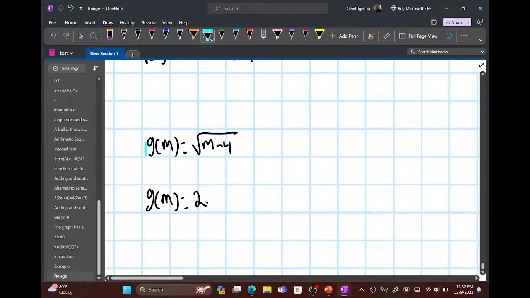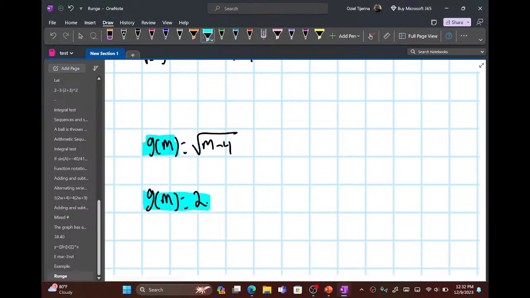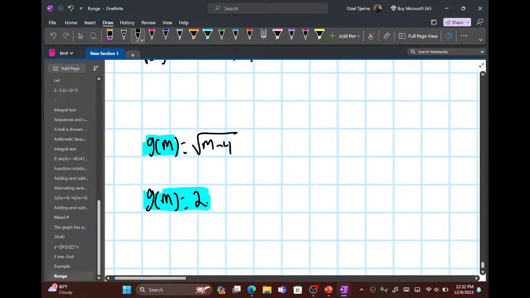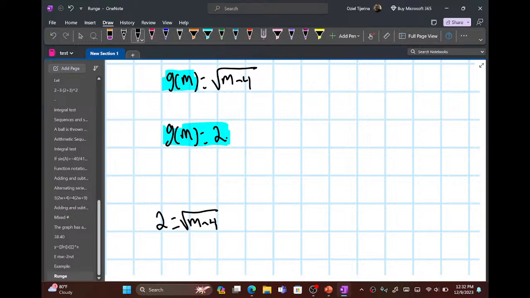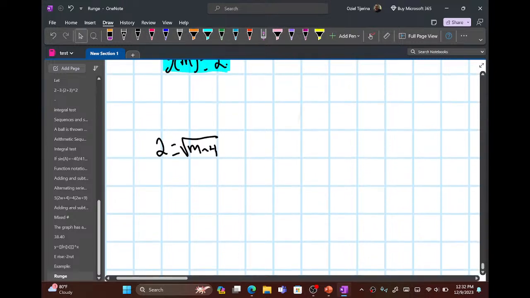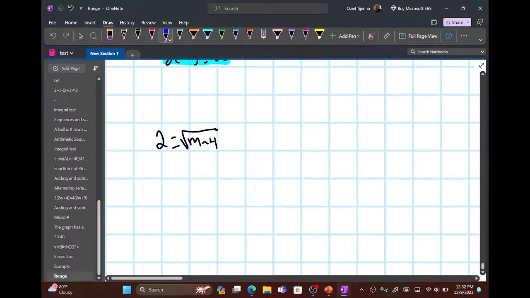So again, I'm going to put this in for this. So I'm going to say that 2 equals the square root of m minus 4. Now, if you remember from college algebra, to get rid of the square root, we need to square both sides here.